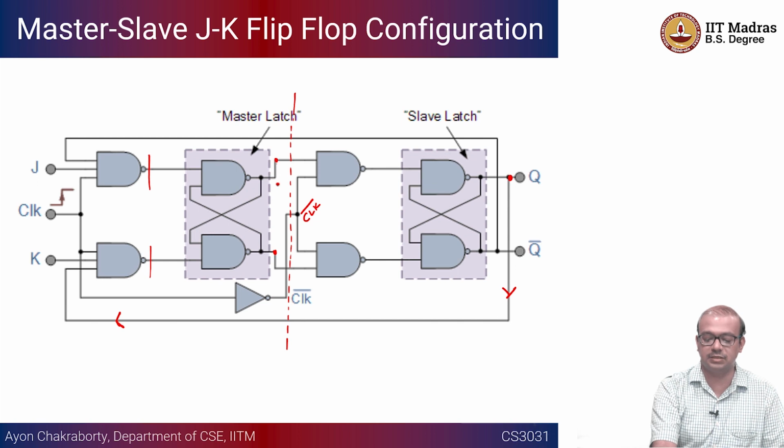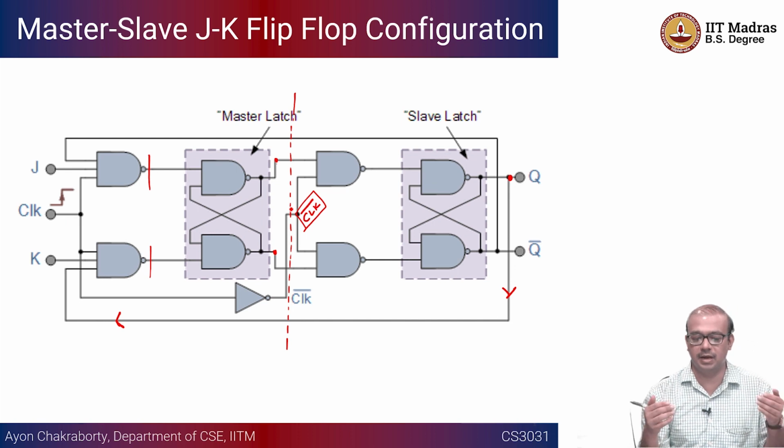Once the value comes to be whatever value it is, it does not depend on the pulse width. We are not going to look at how long the clock is high, because here it is the clock bar, and clock and clock bar applied simultaneously basically filters out the edge part of the clock.